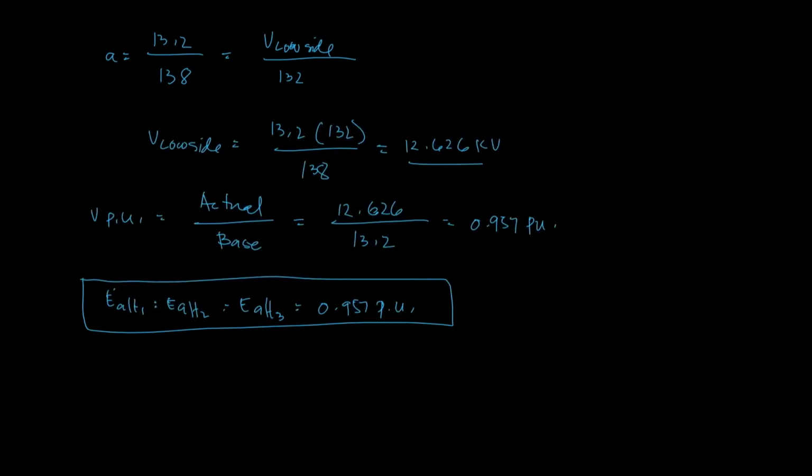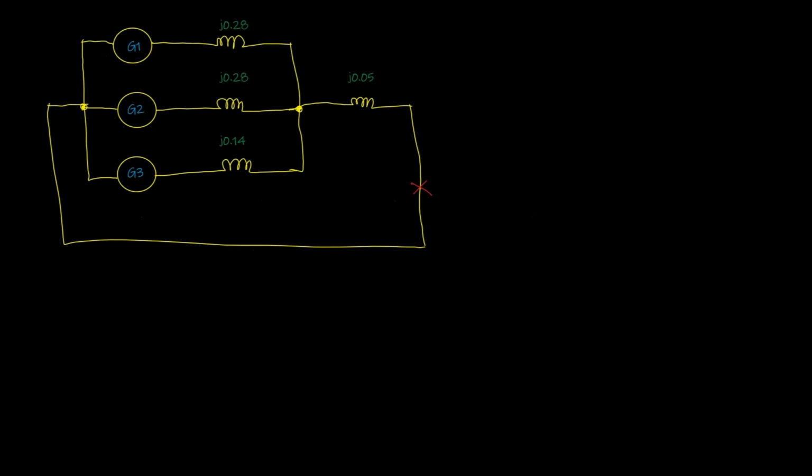So, ang susunod naman natin gagawin is i-drawing natin yung ating reactance diagram at i-calculate natin yung sub-transient current at the point of fault. So, ito na yung ating reactance diagram. So, ito na yung value ng ating converted per unit reactance sa J0.28, J0.28, J0.14, and then J0.05 naman sa ating transformer.